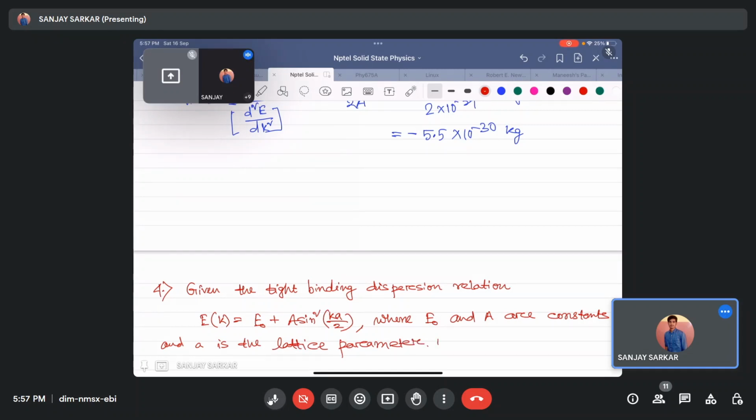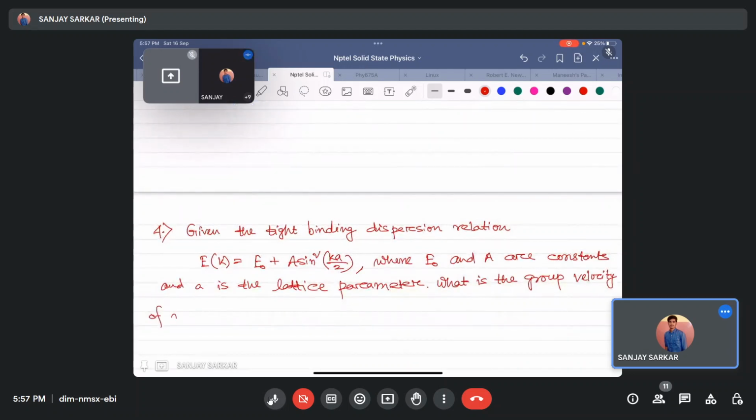So what is the group velocity of an electron at the second Brillouin zone boundary?